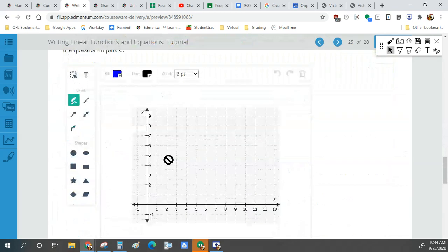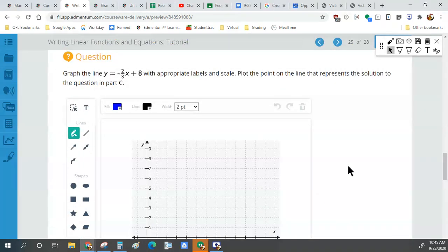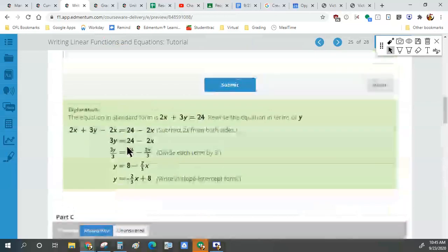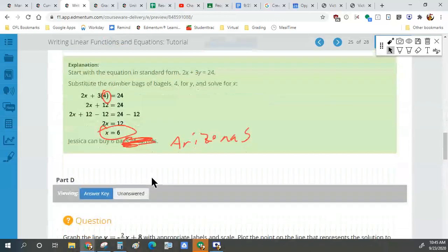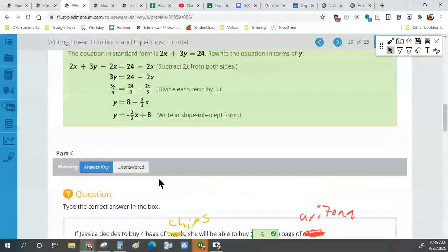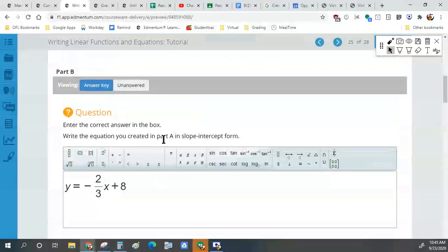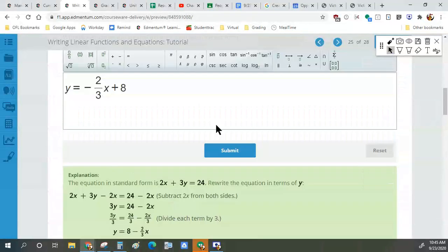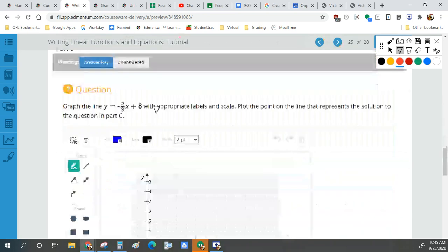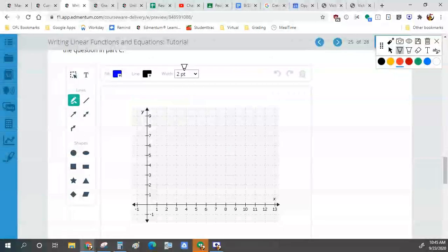All right, so now how do we graph that? Well, we're going to start off with this 8. So 8, what does 8 represent? So 8 would represent the maximum number. So if we pretend that this isn't here, if we pretend that we don't have any Arizonas and we're only buying chips, that means we can buy 8 chips with no Arizonas.